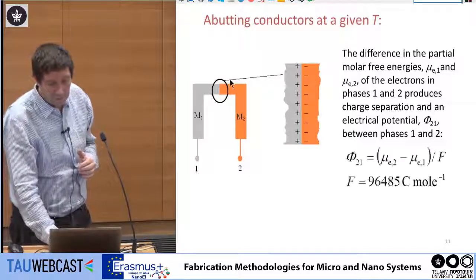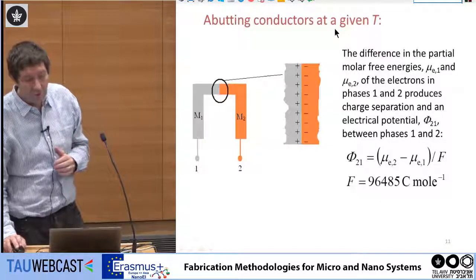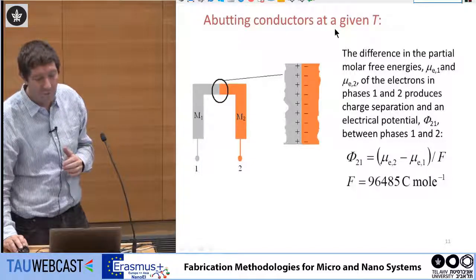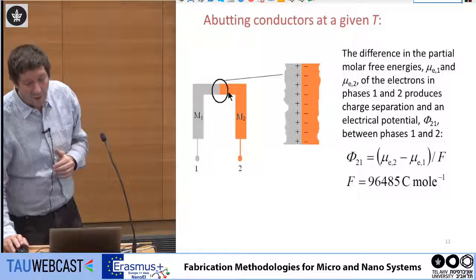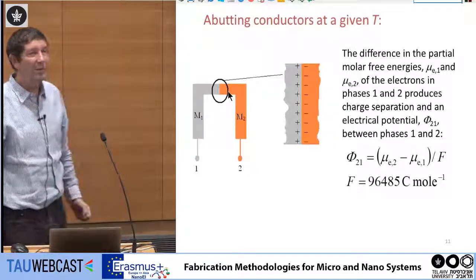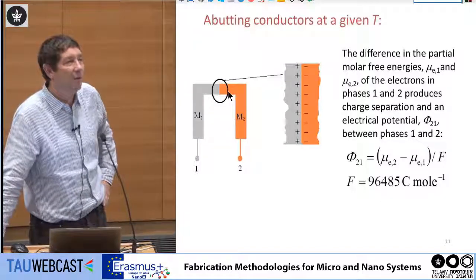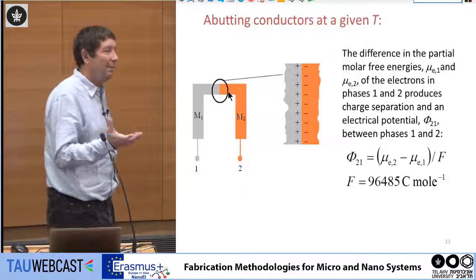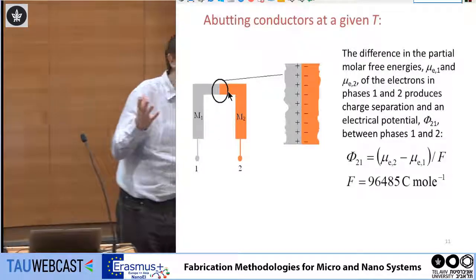So we can define the potential difference between 2 and 1 as the Fermi potential here minus the Fermi potential here. Now, when we deal with electrons, usually we say electron volt per electron. But in chemistry, the unit of measurement is the mole.